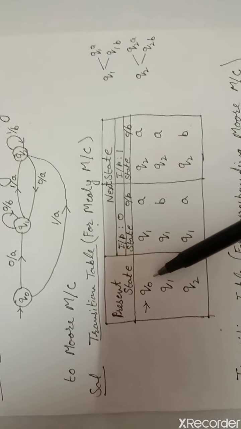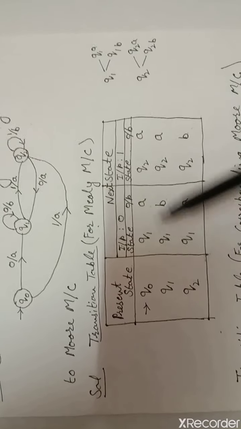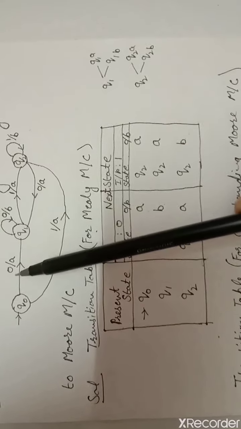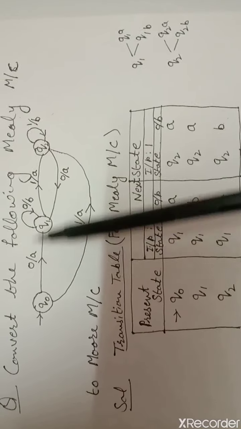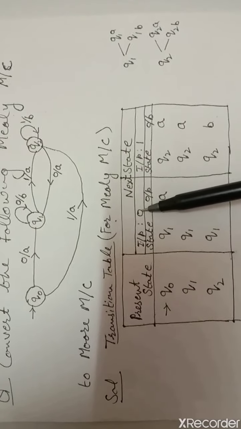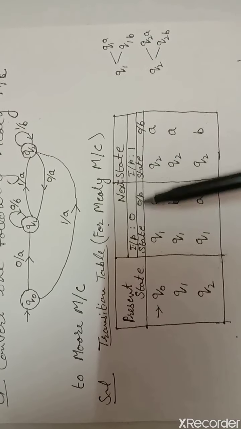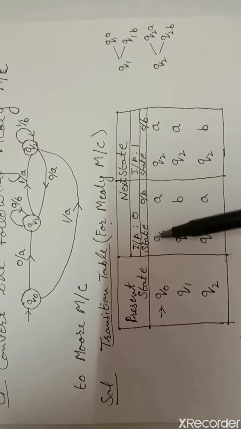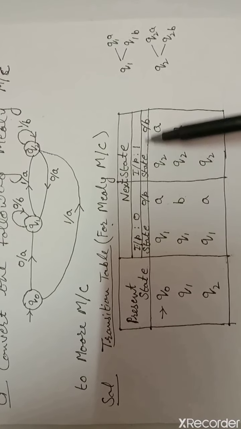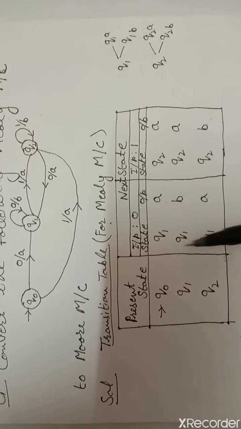So I have written here Q0, Q1, Q2. Now the next columns, there are 2 inputs. You can see from the diagram 0 and 1 are the only 2 inputs. So the next column is for 0 input and 1 input. Corresponding to the 0 input, there are 2 columns, state and output. States and output for input 1.